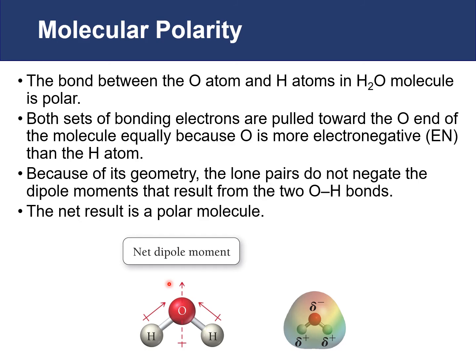Because the geometry of water is bent, the two dipoles are not directly opposite each other. They don't cancel out. They will cancel out in the x direction, but in the y direction, they will add together. Because they add together, you will have a plus end on the molecule where the hydrogens are located and a minus end on the molecule where the oxygen is located. As a result, the molecule of water itself is a polar molecule.